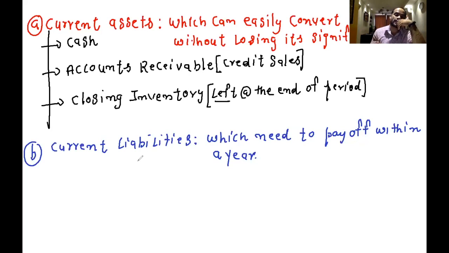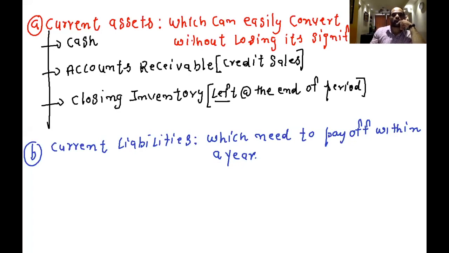It is the opposite of current assets, which lead to inflow of economic benefits in a shorter period of time. So inflow of benefits in short period, current assets. Outflow of benefits in short period, current liability. Benefits means whatever money you are making, so you have to use that money to pay off your liability. That's the meaning of outflow of economic benefits.